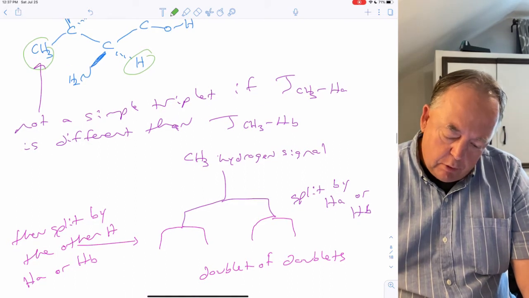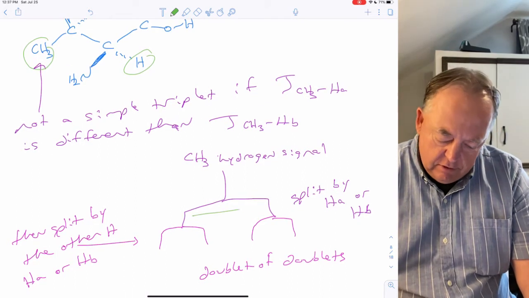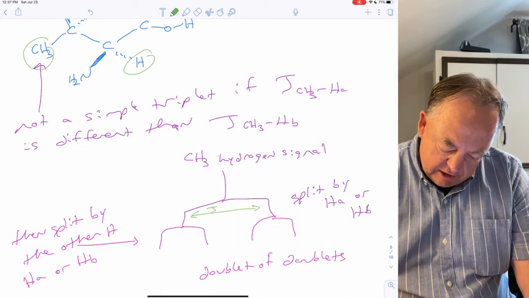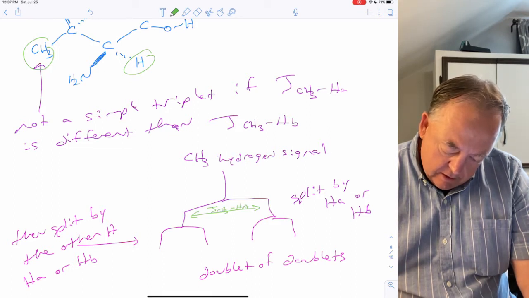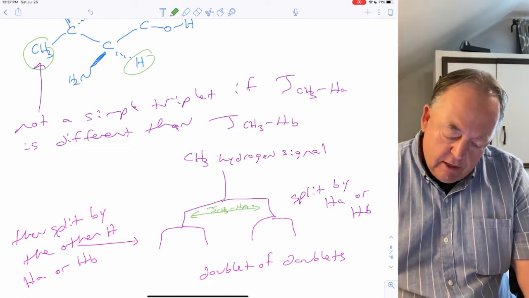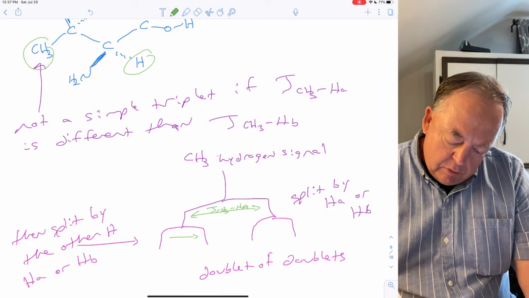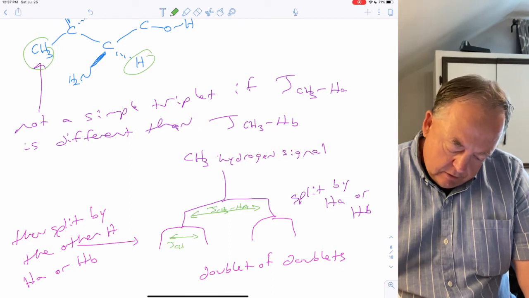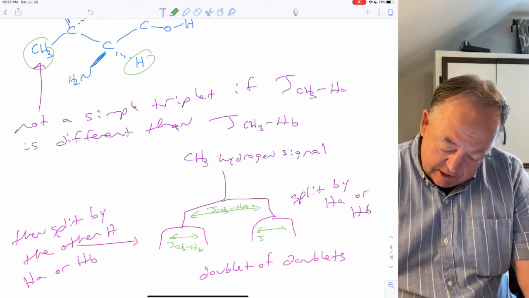So it would be split by HA or HB first. So let's just say it splits with, so this is the CH3 to A. So that splits into a doublet, one neighbor, 2 peaks. And then each of those peaks would be split by HB.